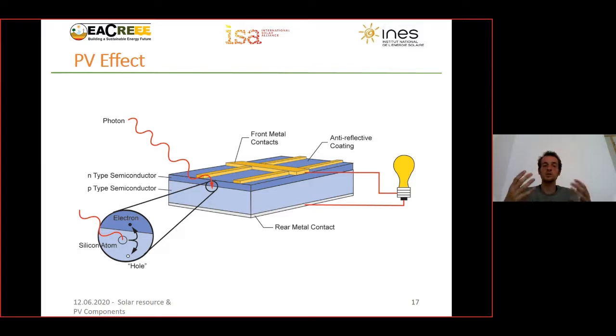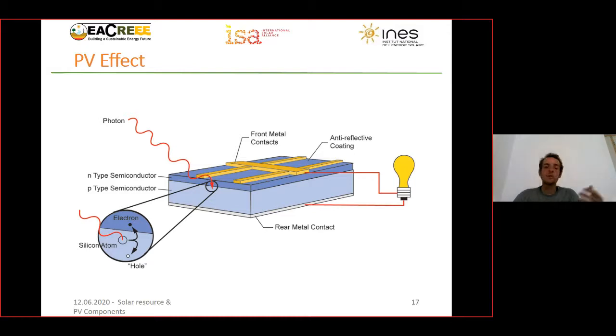And with this voltage, as energy is coming onto your PV cell, you will be able to create direct current, because the electrons from the N-type will have to go to the P-type to close the holes, the positive charge of your PV cell. So this is how you can create electricity from two different types of semiconductors.